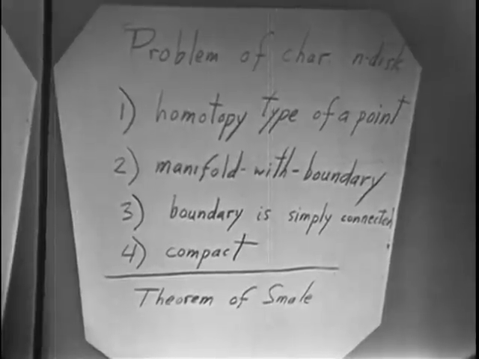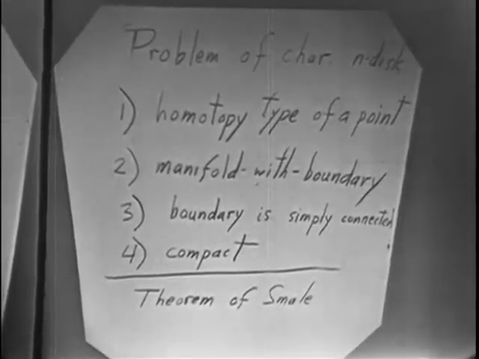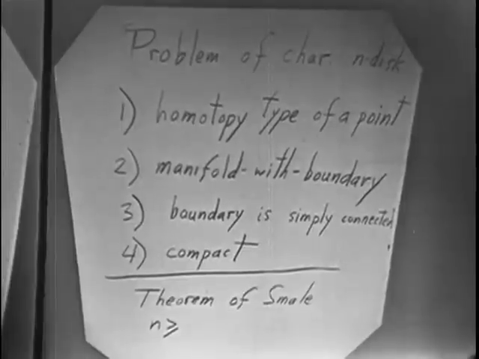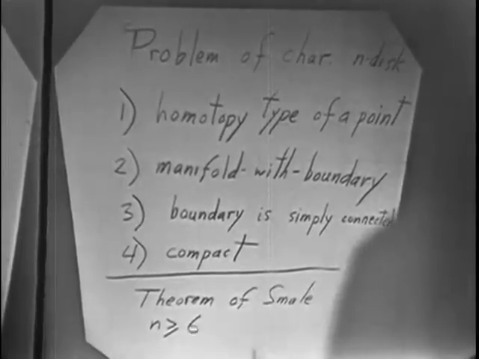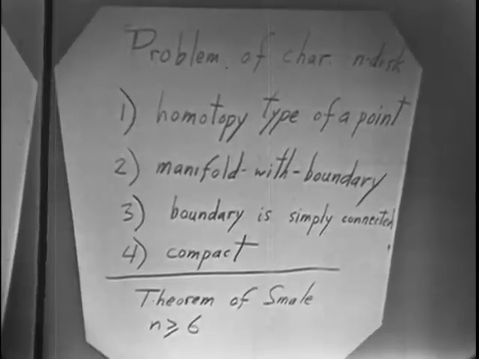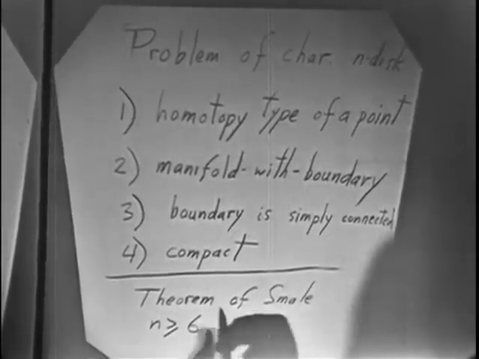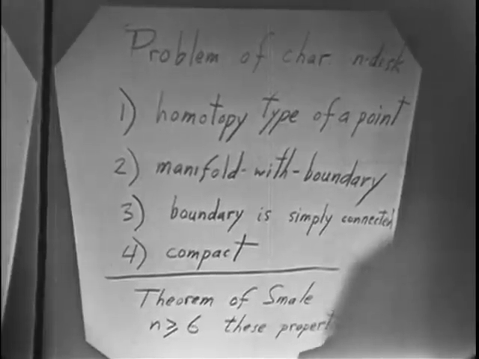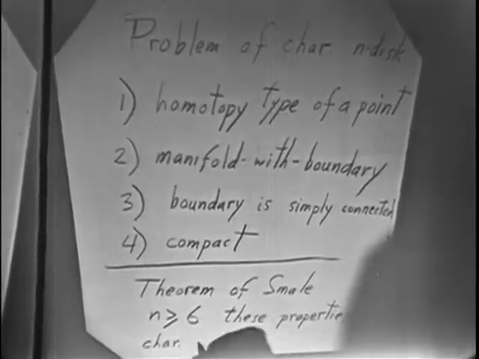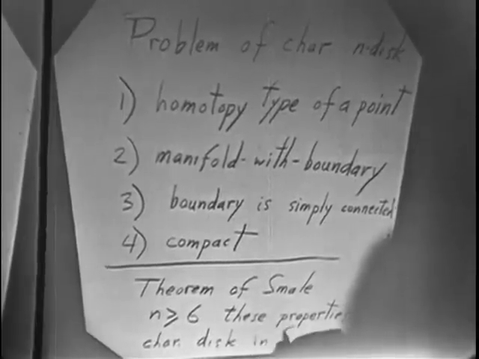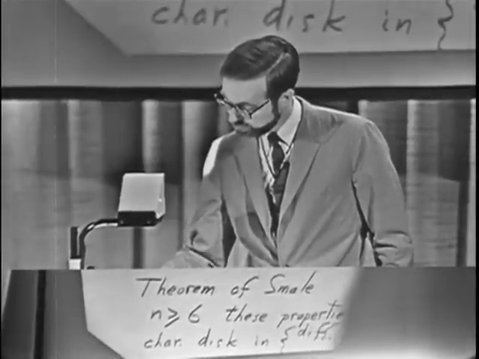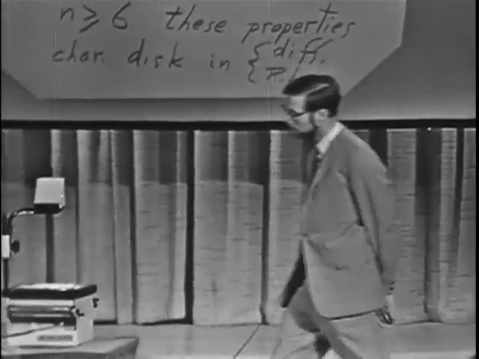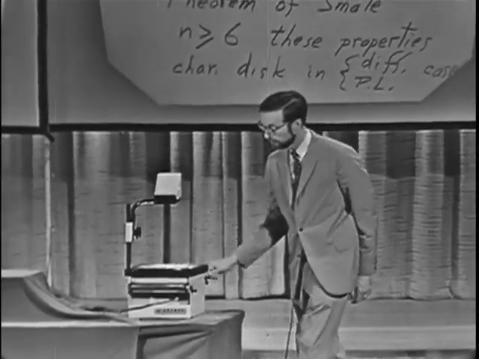I'm stating many theorems together, so there may be a few cases which are handled by different methods, but the essential part is due to Smale, that if n is at least, I'd better be careful and say n at least 6, then these properties characterize the disk in either the differentiable or the piecewise linear cases. Again, the topological case one doesn't know how to handle yet.